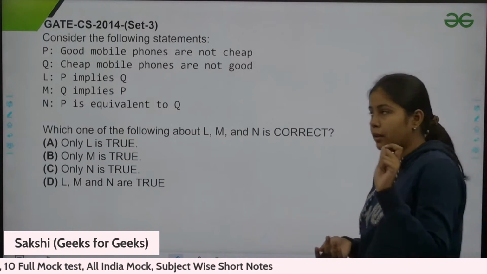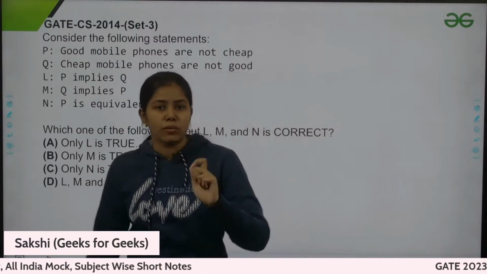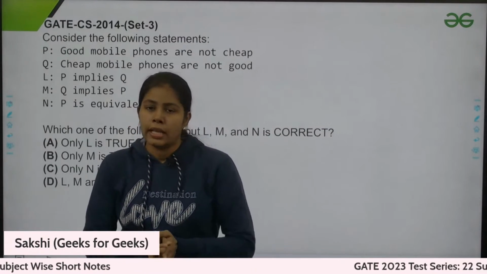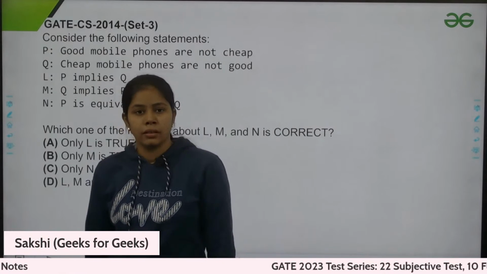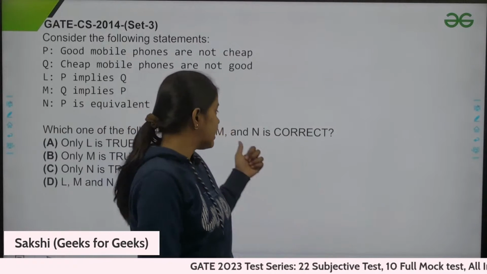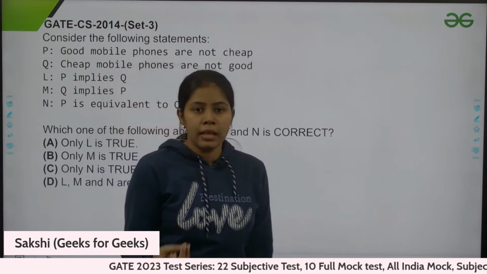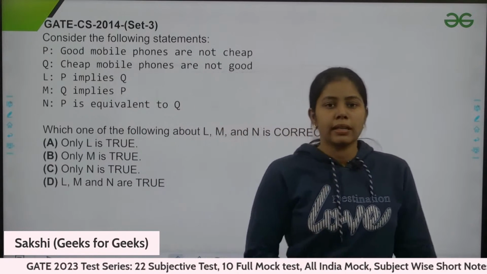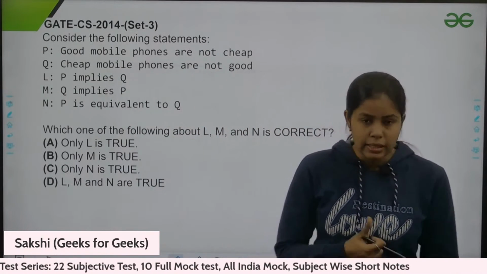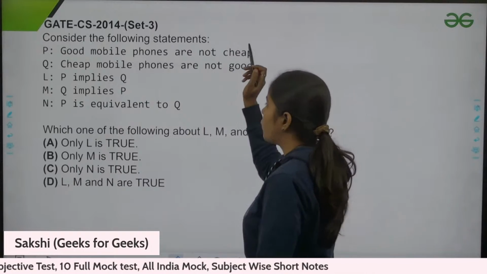So can I translate this English sentence into propositional logic? Then I can check that L, M, and N are correct. If the truth value is true, then they are correct, otherwise they are not correct. I can do that. So good mobile phones are not cheap.